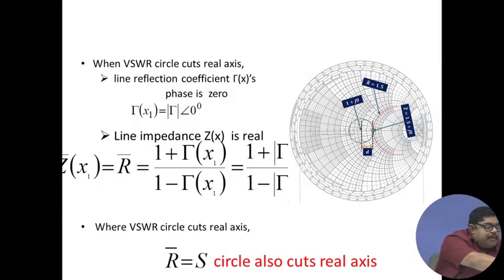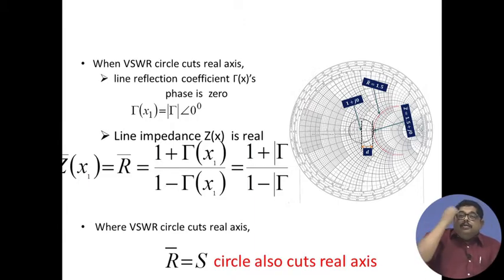So, in terms of reflection coefficient, what is the reflection coefficient at this point where it is cutting the real axis? Can I not say that the reflection coefficient there is a pure real quantity, its phase is 0. So, that is what I said, the line reflection coefficient gamma x phase is 0, that point I am calling x1 point. So, I am calling that gamma x1 is some magnitude, 0 degree.